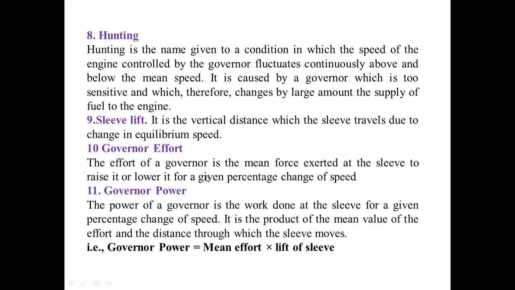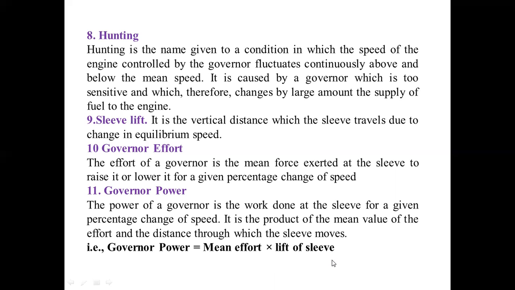Governor power. Come to the next, the 11th definition. What is meant by power? Power, we know, is effort into sleeve lift. Governor power is force into distance, where force is the mean force and the distance is the sleeve lift.